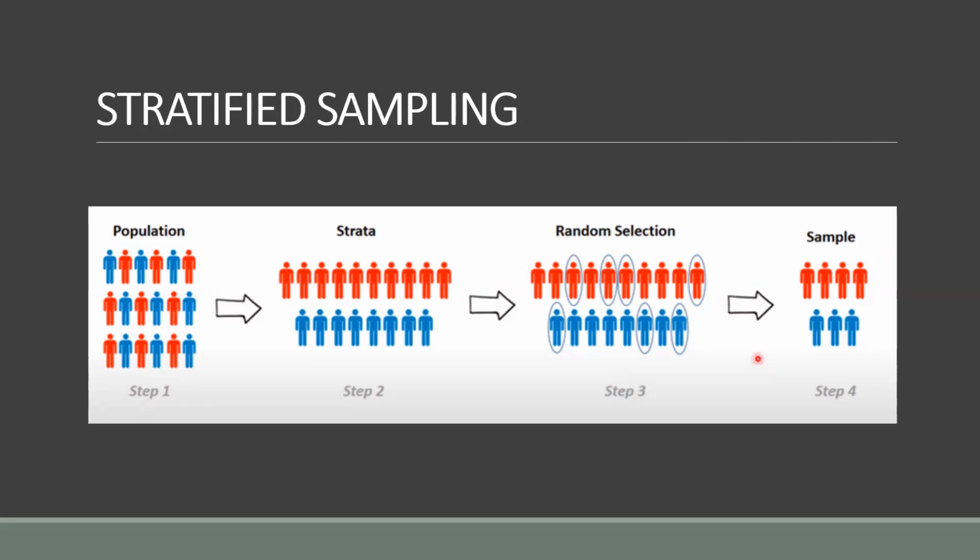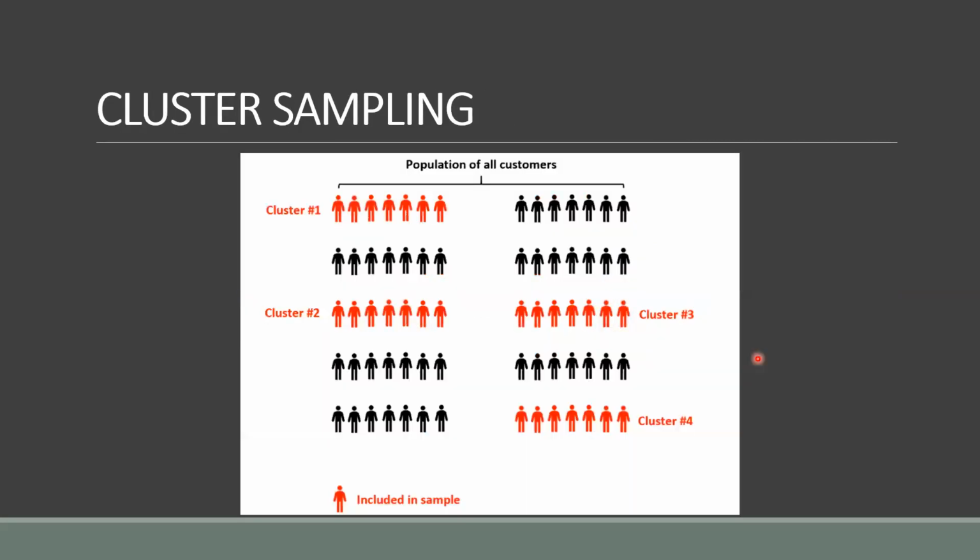The last type of our probability sampling is cluster sampling. So from your population, you will be dividing the individuals into what we consider as sections, or we could also call them clusters.